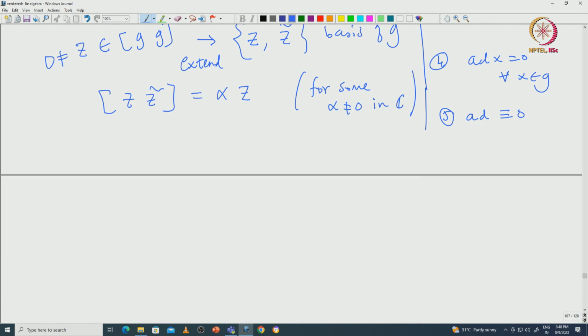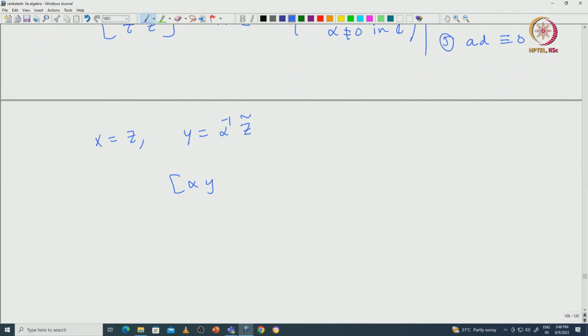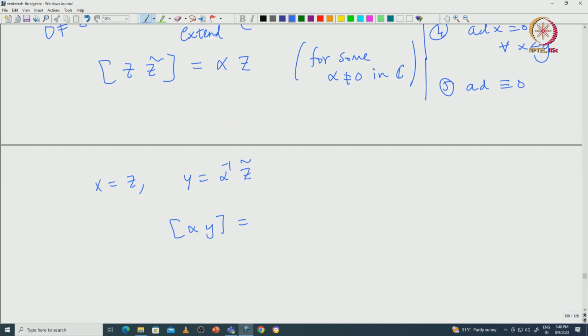So, now you can replace z tilde by alpha inverse of z tilde. You can take, for example, x equal to z and y equal to alpha inverse of z tilde. Then you can see that the bracket [x, y] becomes equal to x. It is not hard to see, again G is spanned by x, y. That implies we have a basis x, y such that the bracket [x, y] is x.